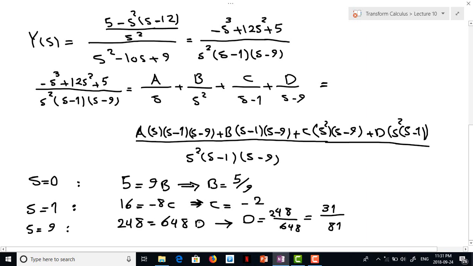So now we have to find a. In order to find a, you can plug in any random number, because you already know b, c, and d. I assume that s is equal to 2. So the left side of the equation, minus 2 cubed plus 12 times 2 squared plus 5, is going to be 45.